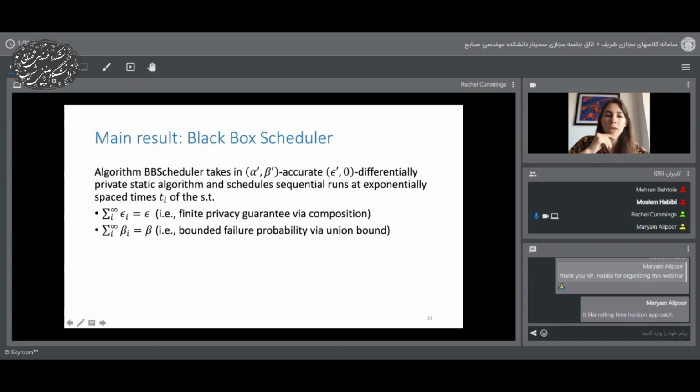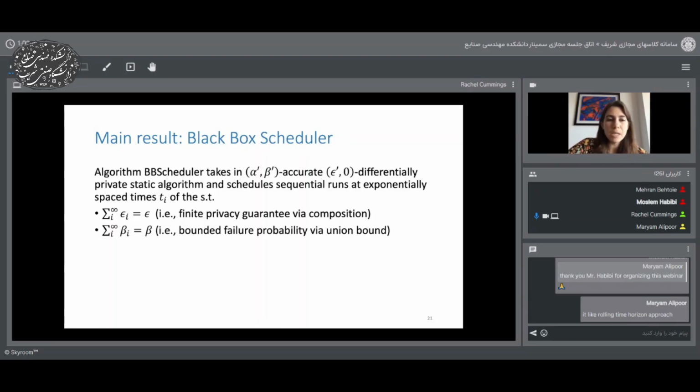So if our original algorithm is alpha prime, beta prime accurate, and epsilon prime 0 differentially private in a static case, we're going to use that as a black box and schedule times to run it, and these are going to be spaced out at exponentially spaced intervals.